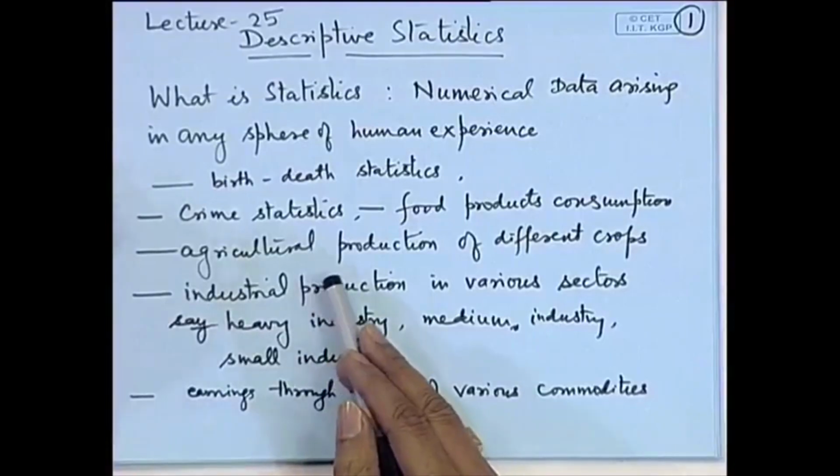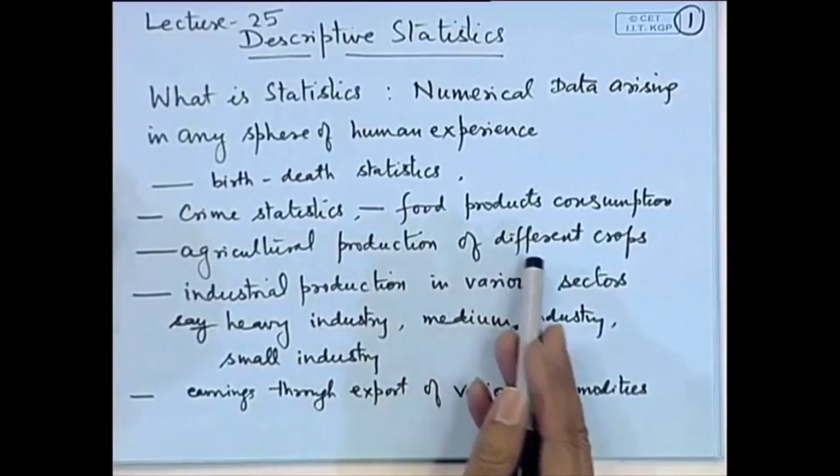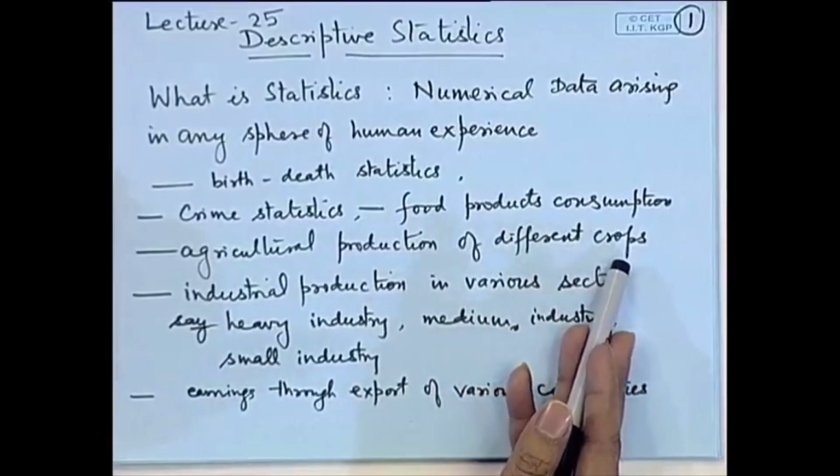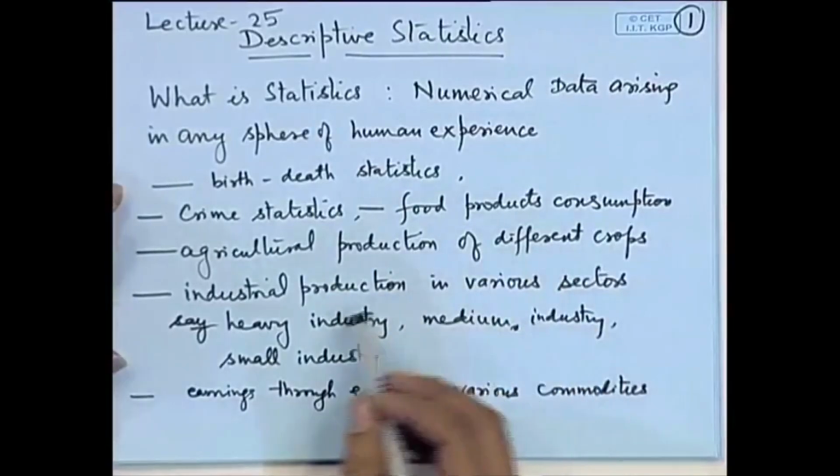So, the agricultural production data is one of the most important data that is kept by the government.